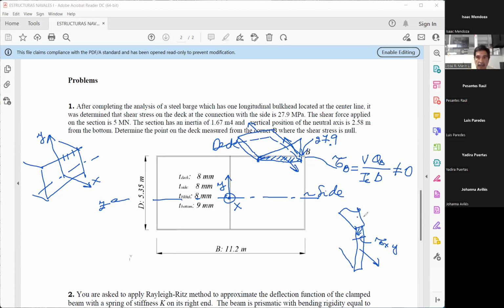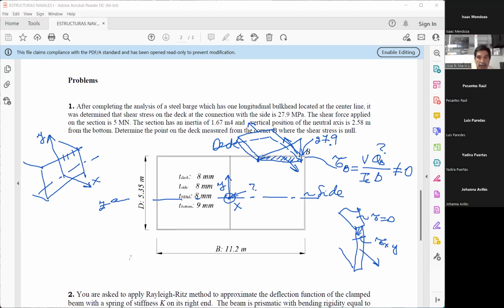And here, tau is 0. Similar. From here you calculate Q, and from Q you calculate the distance from here to there. Now, if I need the maximum shear stress, obviously it's going to be here. That's the second part.